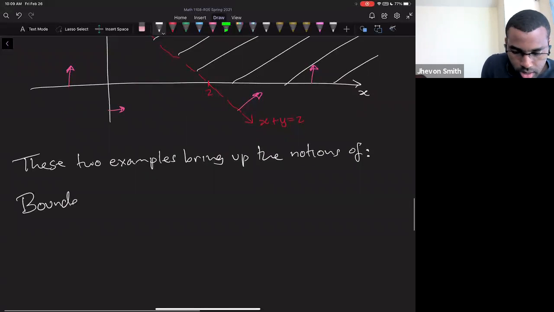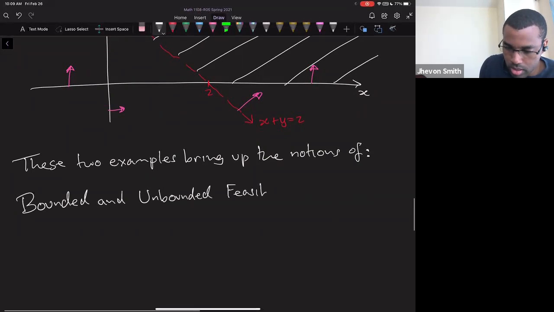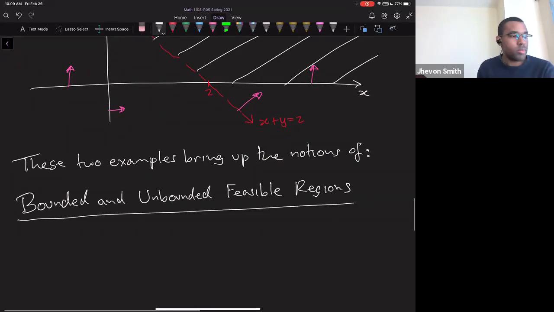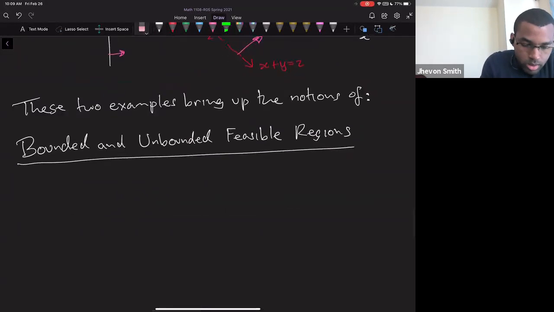Bounded and unbounded feasible regions. Okay, so definition.